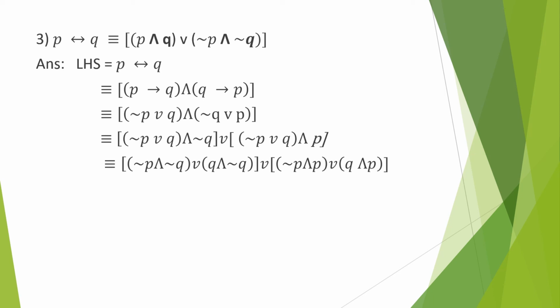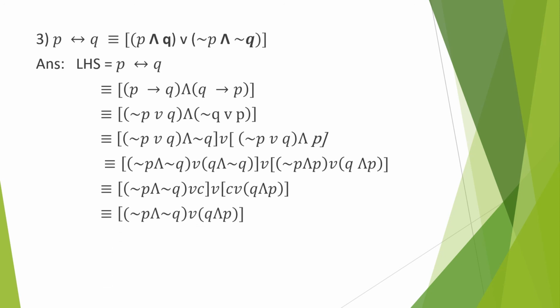So replacing those brackets by contradictions, we get negation P and negation Q, or contradiction or Q and P. Now one of the rules is P or contradiction is P. So whenever it is or contradiction, we can neglect it and we get the same statement again. So we get negation P and negation Q, or Q and P.